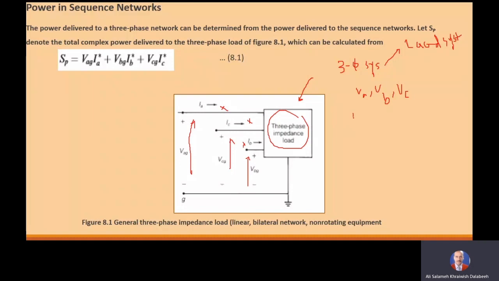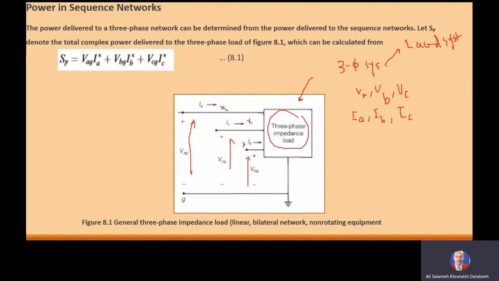And we also have three currents: current of phase A, IA, the current of phase B, IB, the current of C, IC. Okay, so this is a three-phase system. This is a three-phase impedance load system.